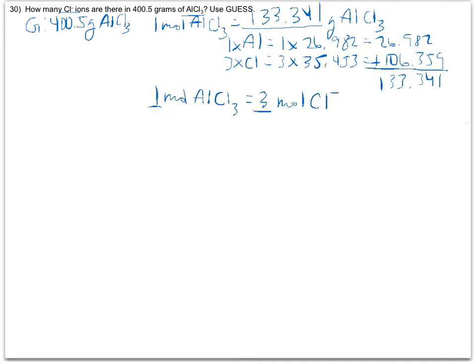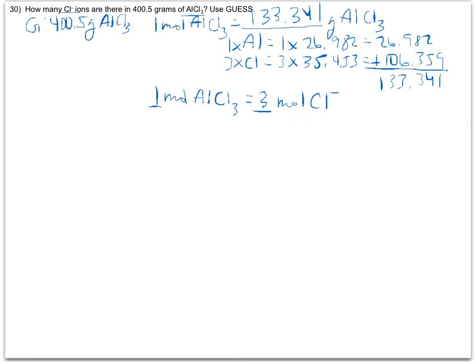So that means there are 3 moles of chlorine ions for every mole of aluminum chloride. So that gets us into moles of chlorine. So far we've gotten out of mass into moles of aluminum chloride, and then out of moles of aluminum chloride into moles of chlorine ions.